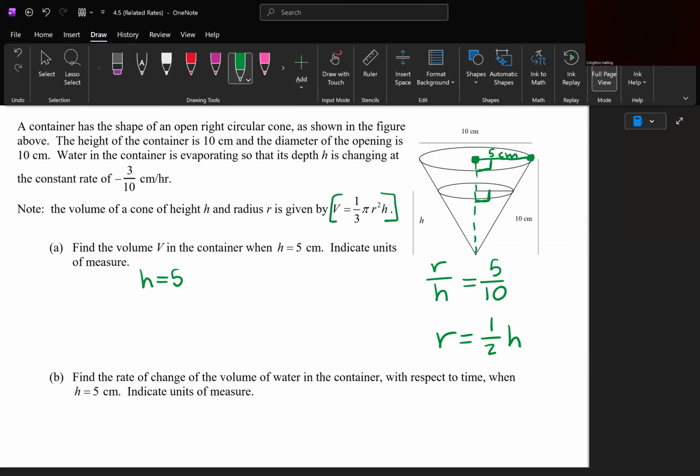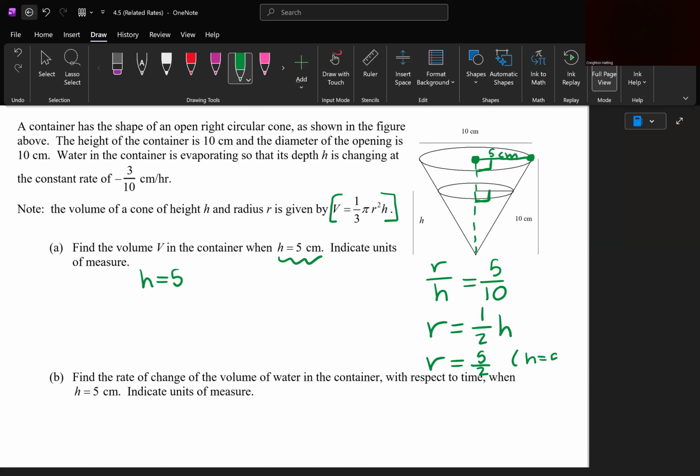Now, at the moment that we care about, H is 5. So let's plug 5 in and find the exact value of R. If I plug that 5 in for H, R is going to equal 5/2 when H is 5.